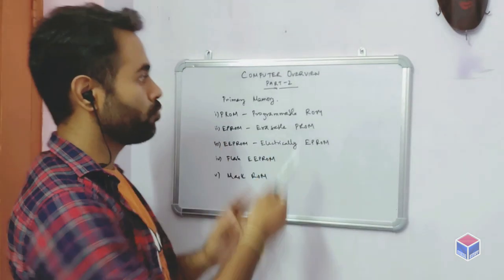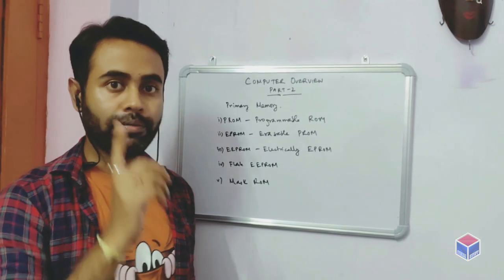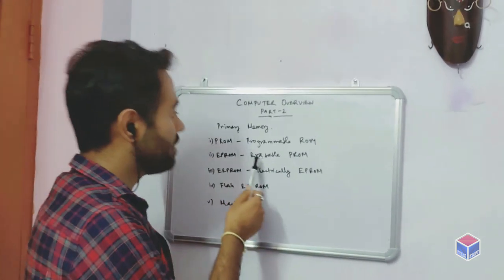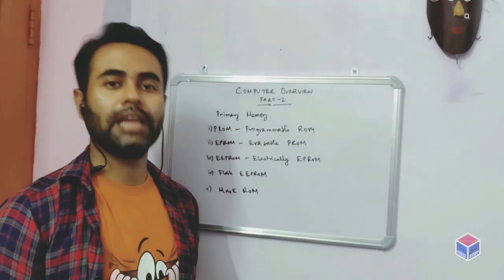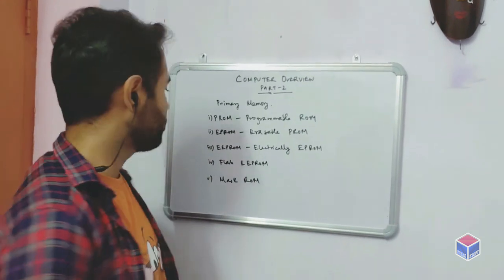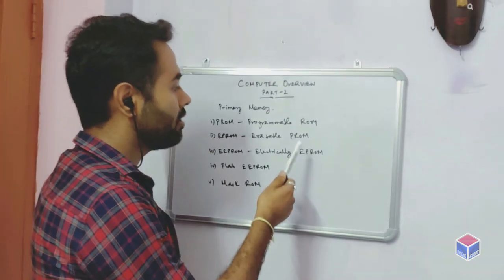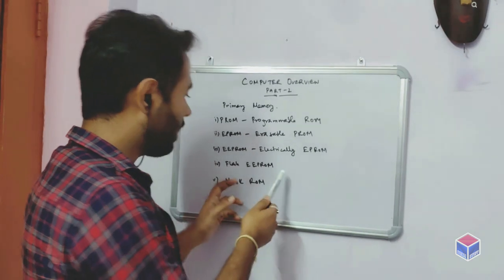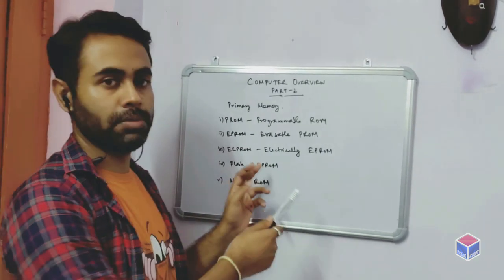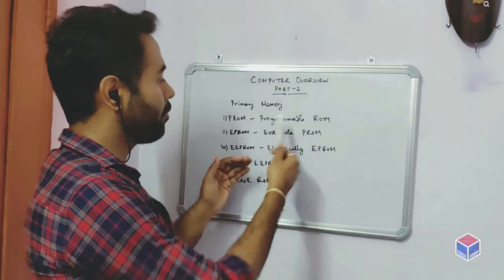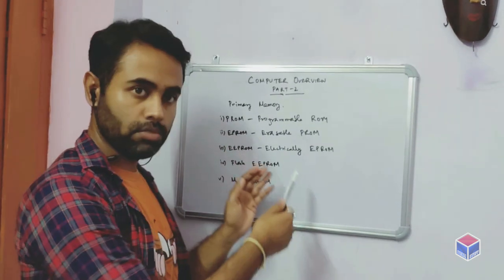When it comes to programmable ROM, the ROM can be programmed only once. When it comes to erasable programmable ROM, the ROM can be programmed many times. Electrically erasable programmable ROM and flash EEPROM are upgraded versions of EPROM, which are faster.